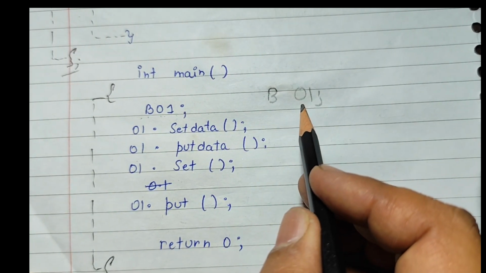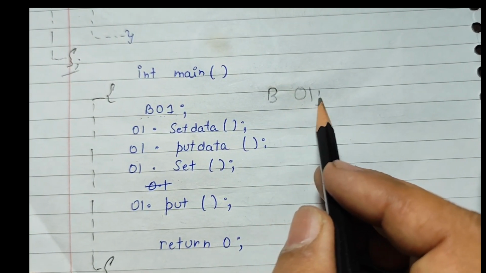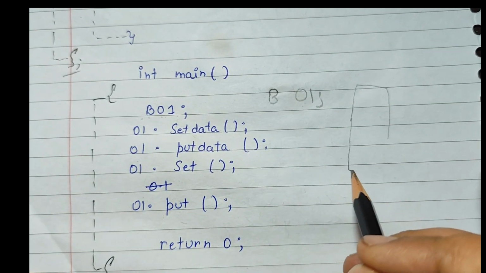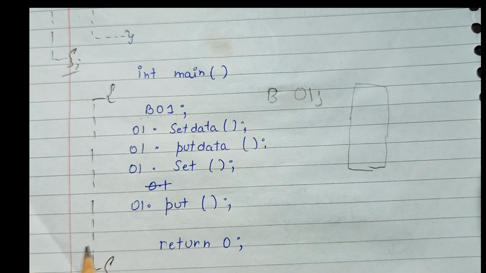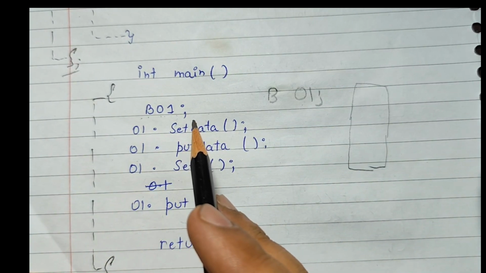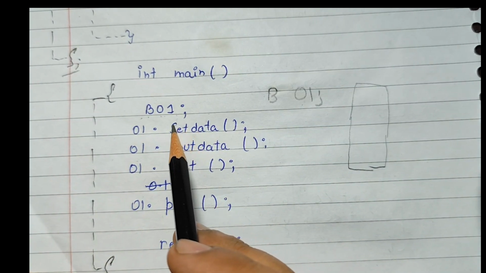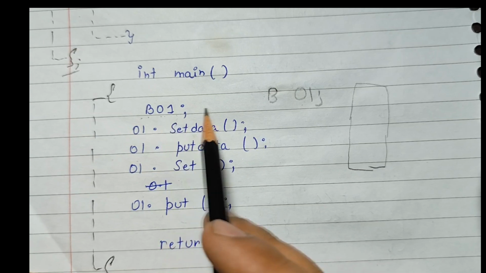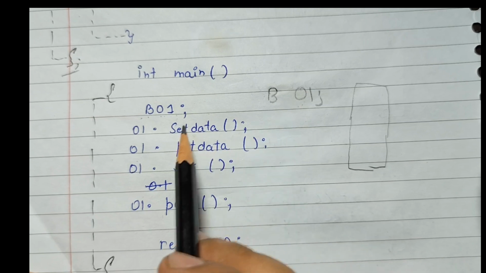So at this time memory is allocated to the O1 object, because no memory is allocated to the class declaration. No memory is allocated to class declaration. Memory is only allocated when we create an object of the class. So here I am creating the O1 object, okay.